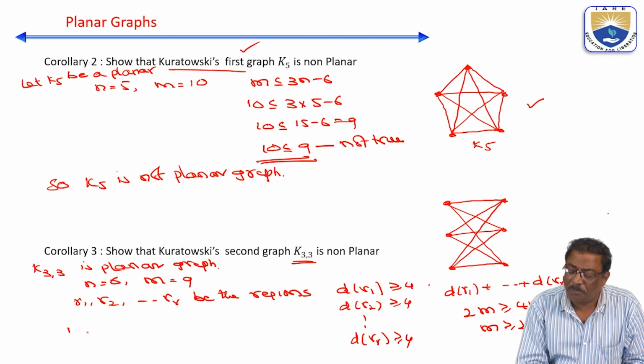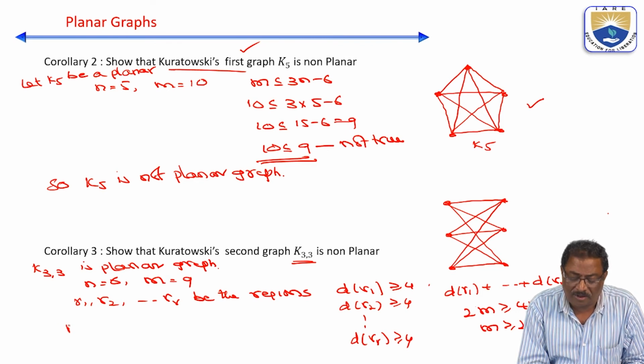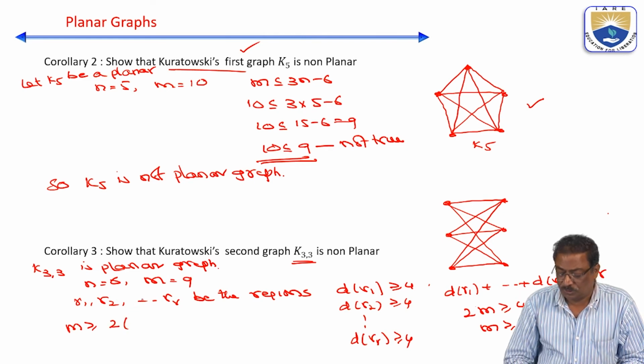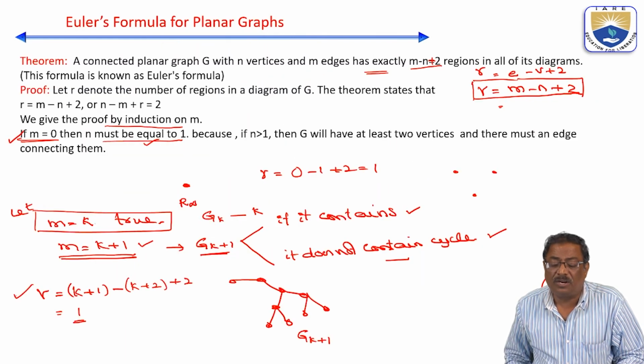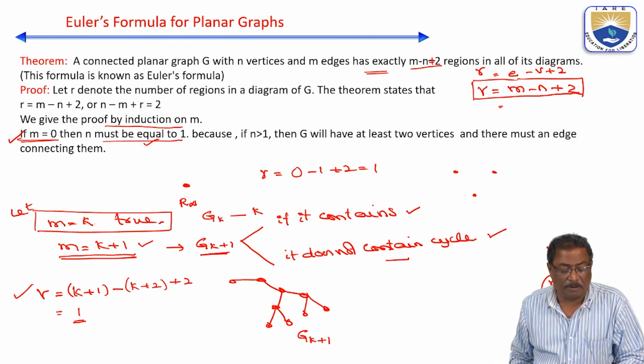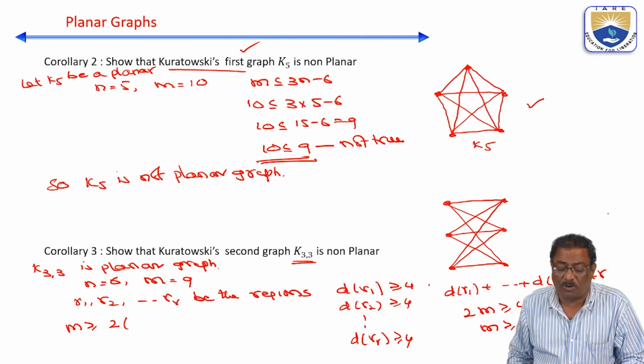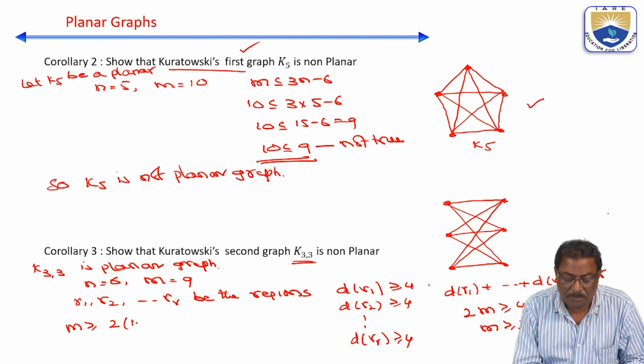Now in this, I am going to substitute the value of R. What is Euler's formula? R is equal to M minus N plus 2. So we substitute that: M is greater than or equal to 2 times (M minus N plus 2).